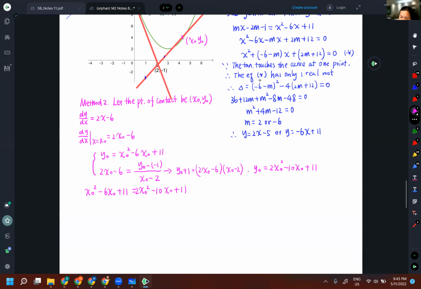That means x0 squared minus 4x0 equals 0. I will have two values.